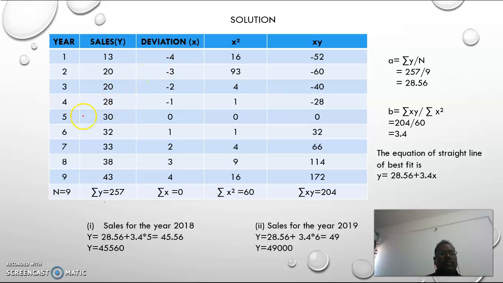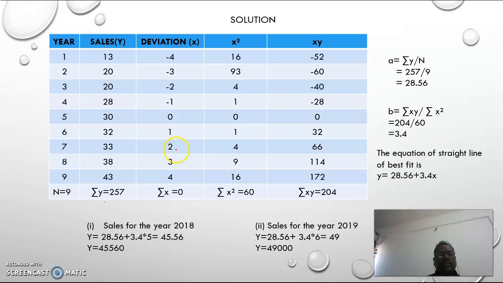The deviations from the origin, x minus x bar: for 1 minus 5, the deviation is minus 4; for 2 minus 5, minus 3; similarly for 3 minus 5 it is minus 2, for 4 minus 5 it is minus 1. At the origin, the deviation is 0. Then 6 minus 5 is 1, 7 minus 5 is 2, 8 minus 5 is 3, and 9 minus 5 is 4.